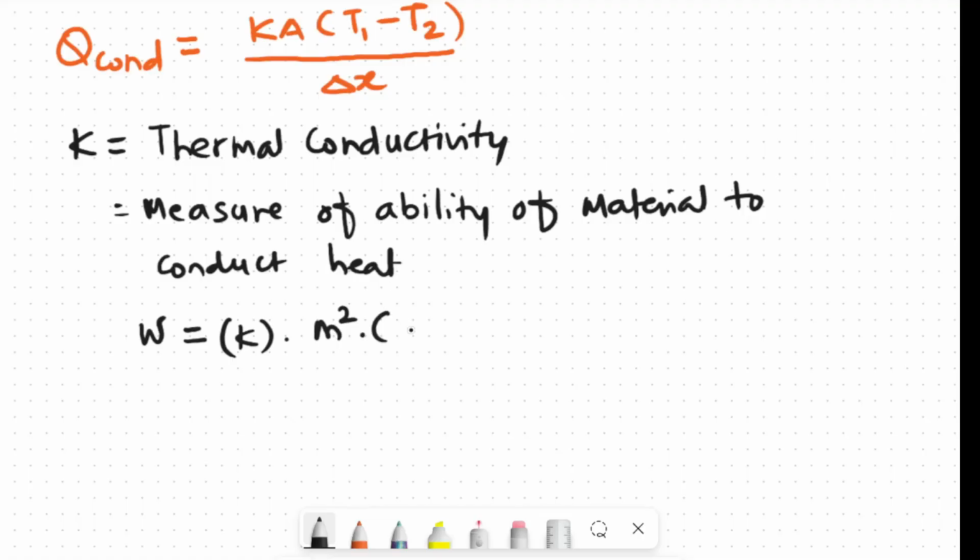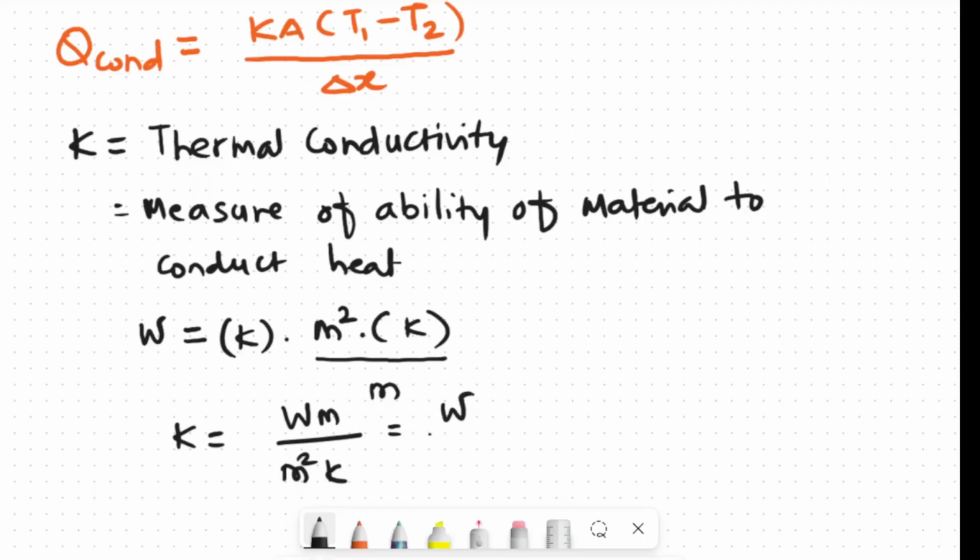The temperature difference can be written in Kelvin or degree Celsius, and thickness of the material is in meter. So K is equal to watt meter upon meter square Kelvin. One meter will get cancelled out, so watt per meter Kelvin.